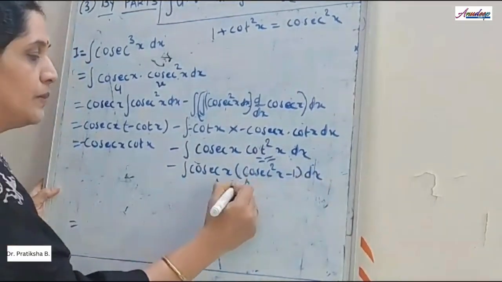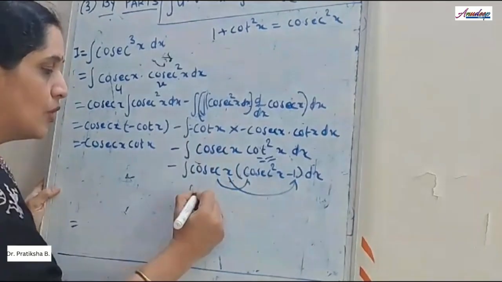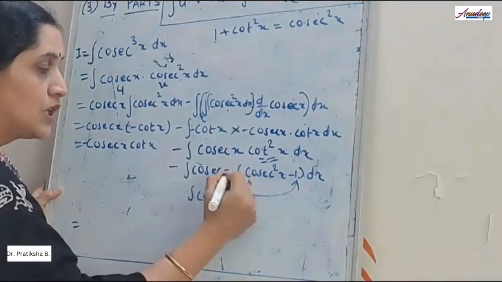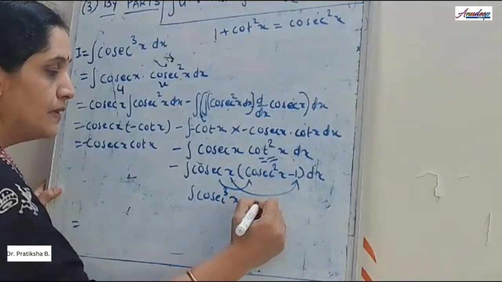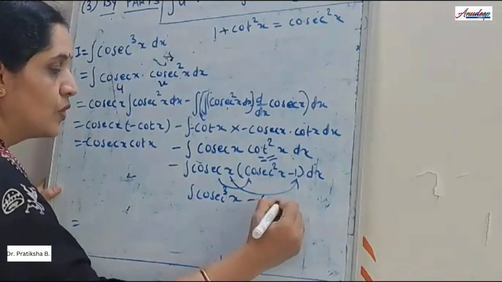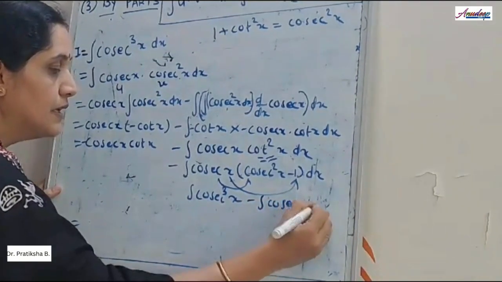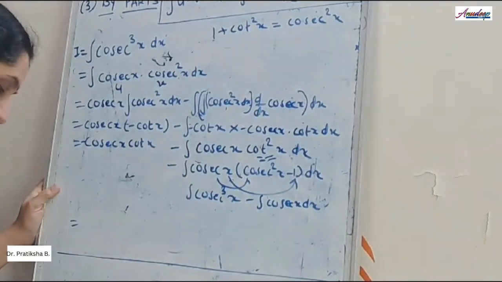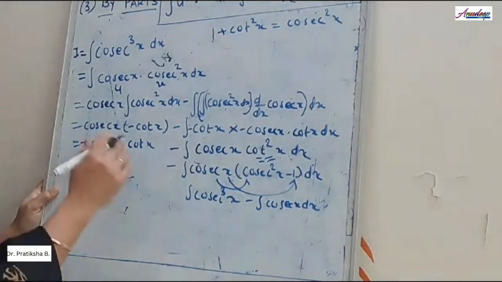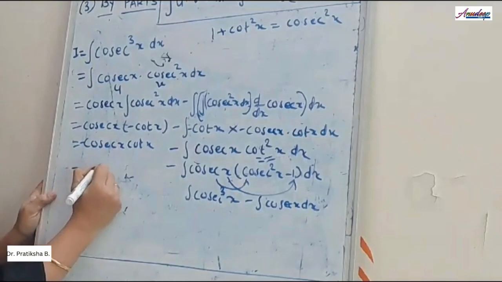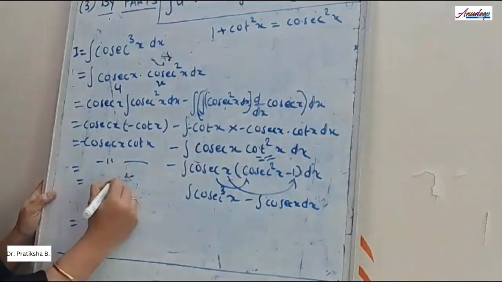When I open the bracket, I will get a term of cosec cube x minus the integral of cosec x dx, right? The same term we have to copy down.